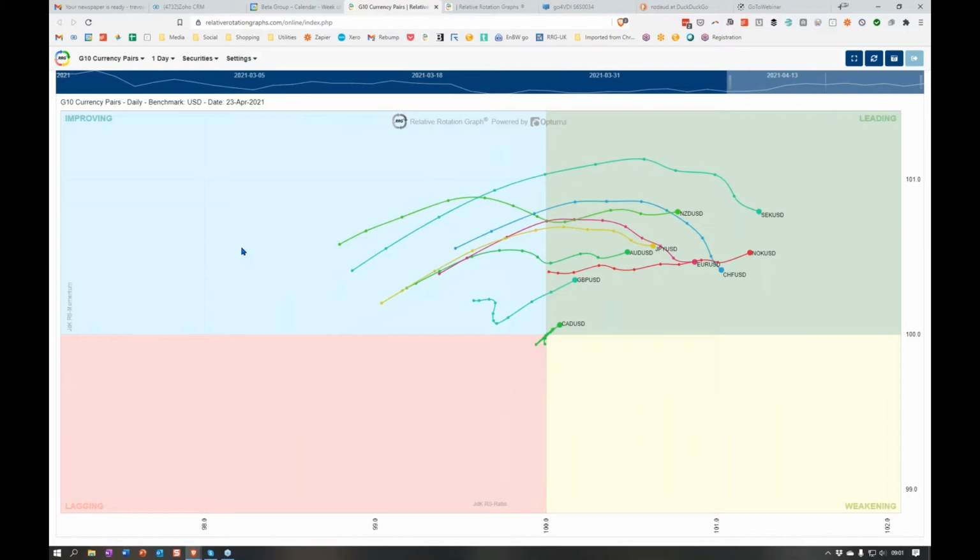Yes, so before we go into the currencies, we're dominated by the weak US dollar, and you can see this here on the relative rotation graphs. Vertical line at 100, everything to the right of the vertical line is outperforming the US dollar on a relative basis, and everything above 100 on the horizontal axis is with positive momentum.